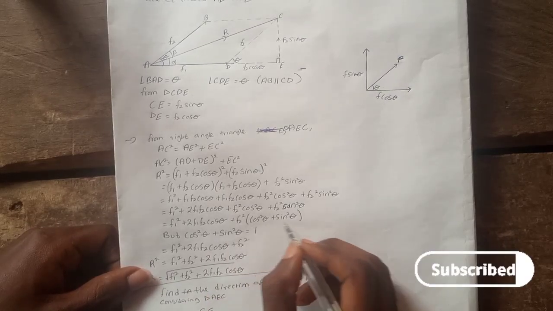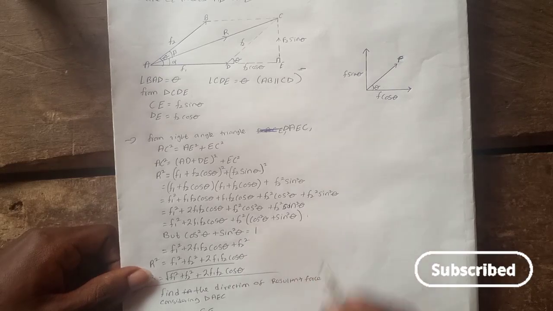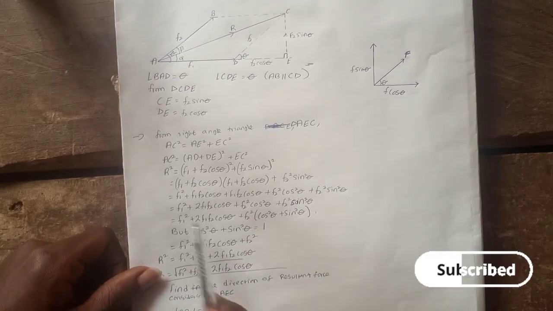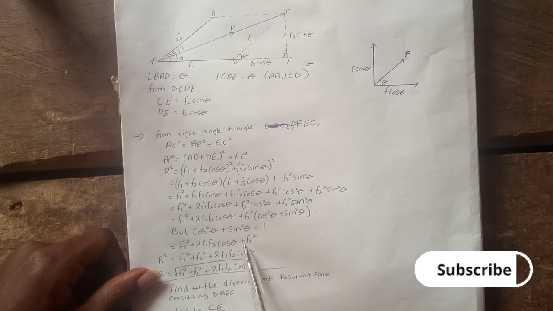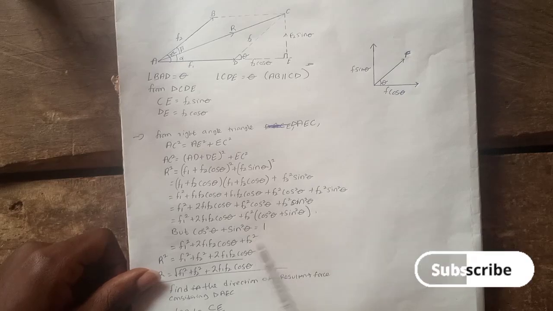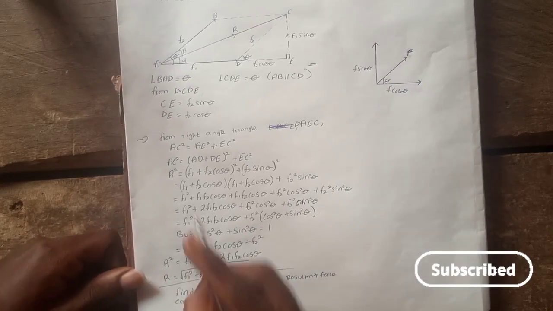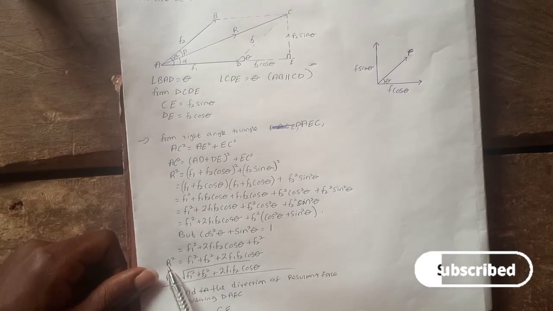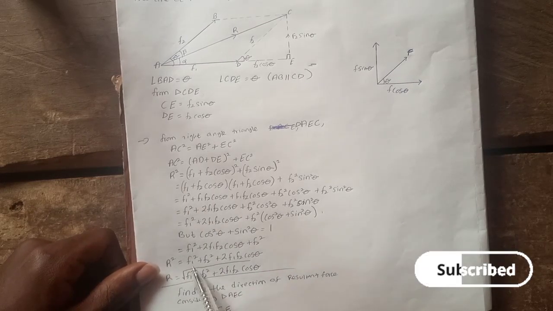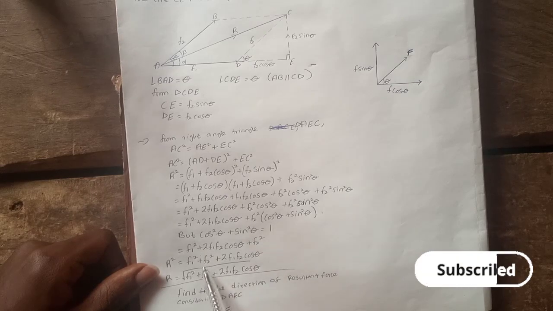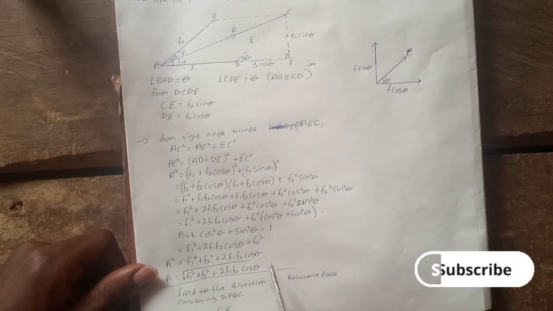So everything here will be equal to 1, which is why we have F1 square plus 2 F1 F2 cos theta plus F2 square. Then we bring back our R square, which is equal to F1 square plus F2 square plus 2 F1 F2 cos theta.